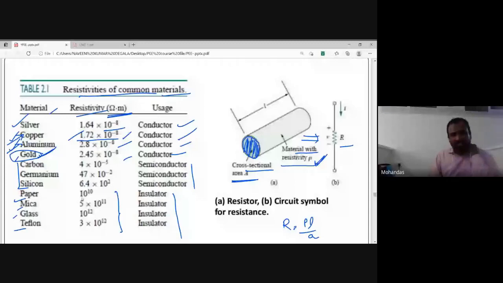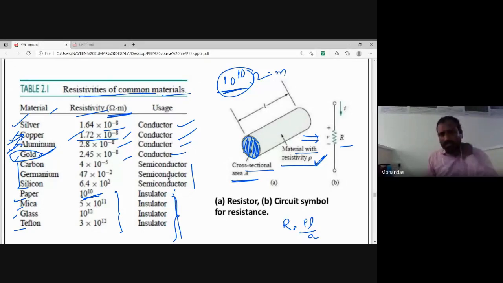this much resistance is there, very, very high resistance, 10 to the power of 10 ohm meter. There is a high amount of opposition, so that current will not flow, so those are known as insulators.